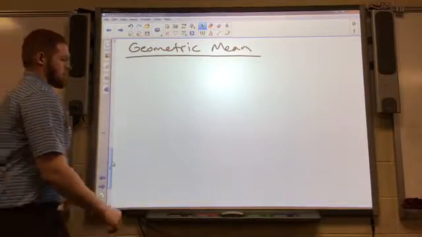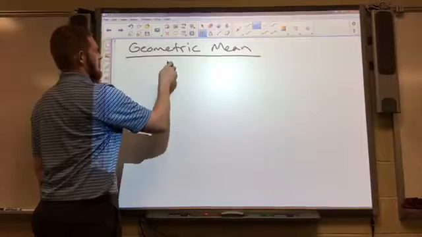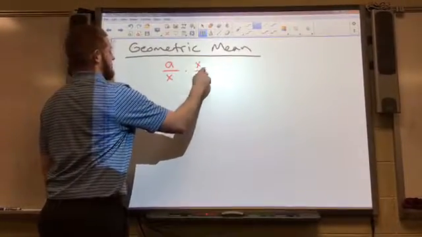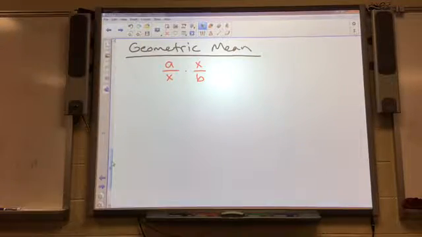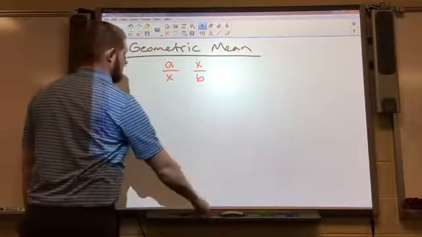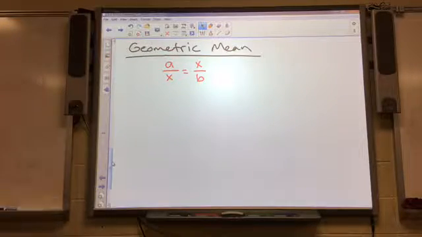The geometric mean is always going to be set up as a over x equals x over b, not times. It's always going to be a proportion set up like that.